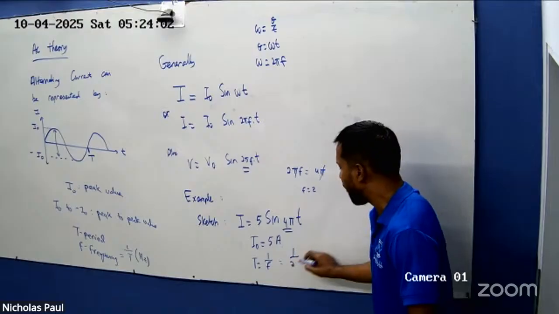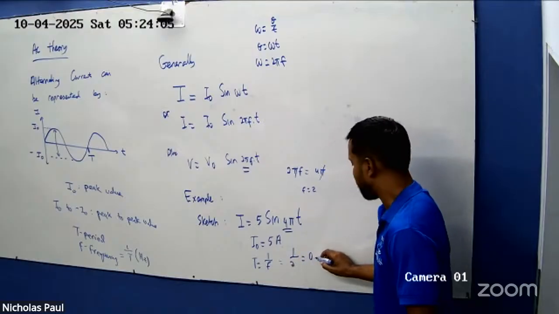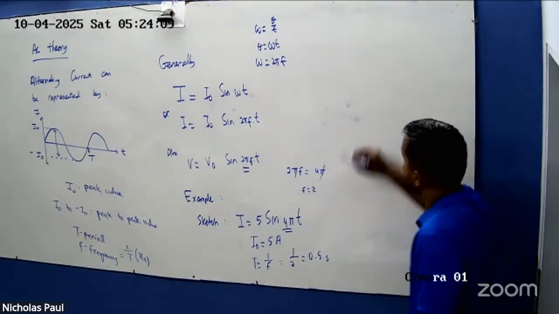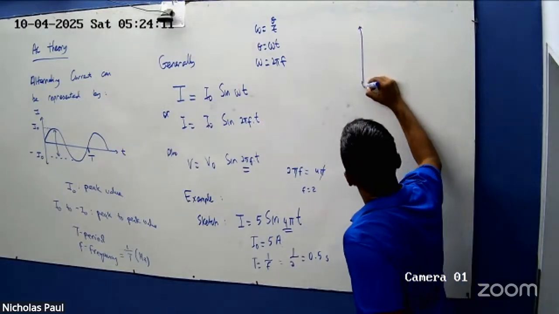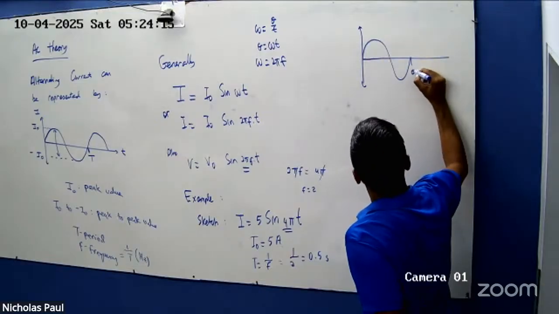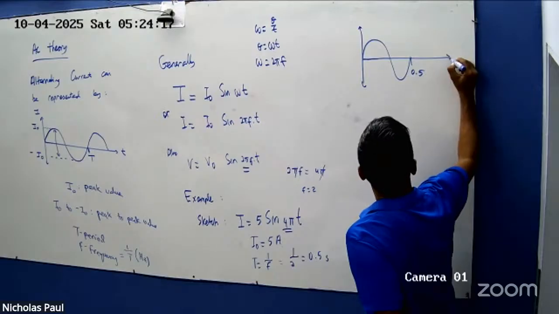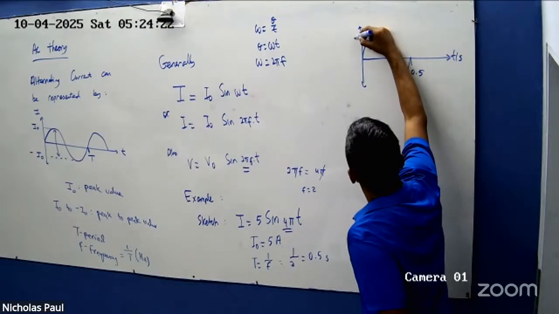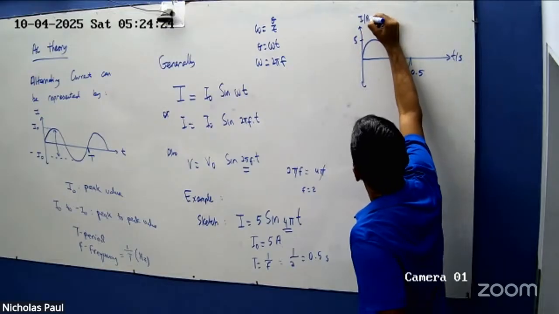So the period is equal to 0.5 seconds. Everybody okay with that? So now we can sketch it. We know how high it's going. We know how long one cycle is. And you're good to go.